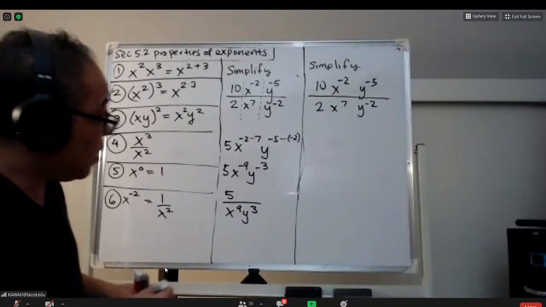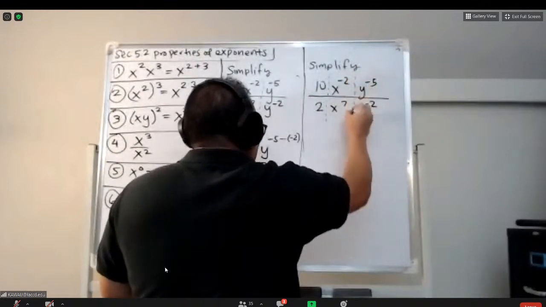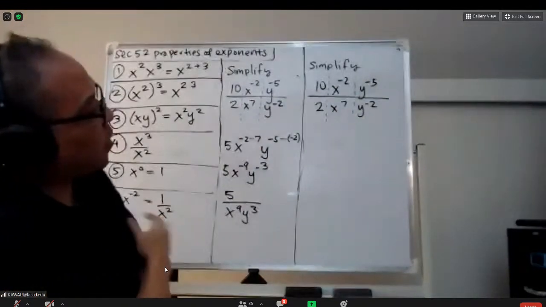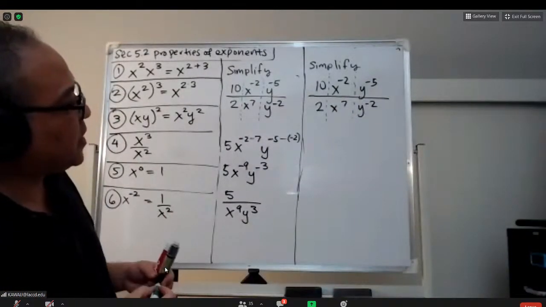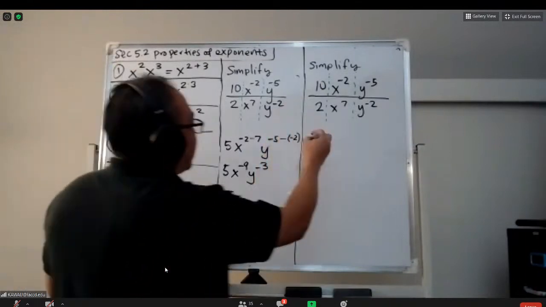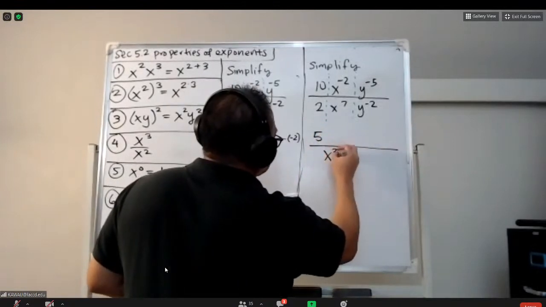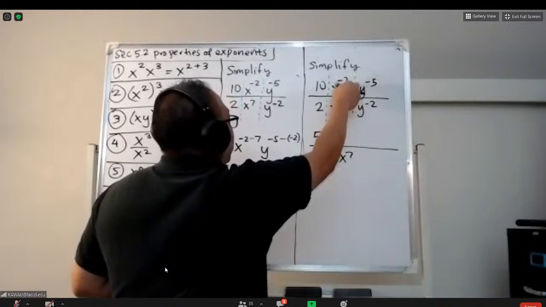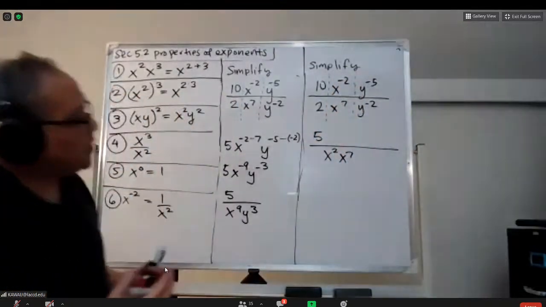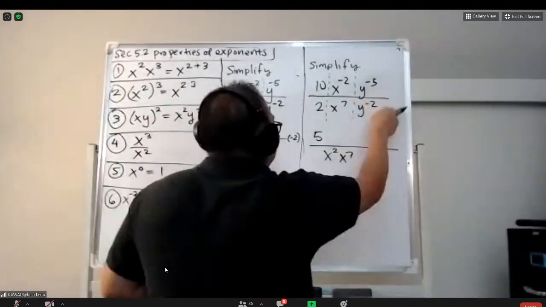Now, what other people will do is their teacher will tell them, hey, what I want you to do is get rid of all the negative exponents because that's what makes this problem hard. So you go 10 divided by 2 is 5. And I'm going to bring this 2 down because it's a negative exponent. Now, I'm going to flip these two places.